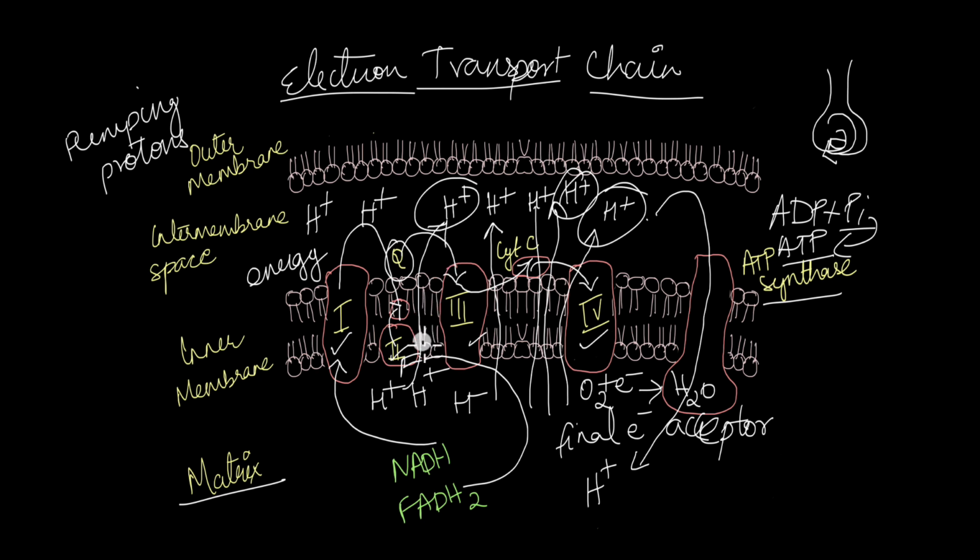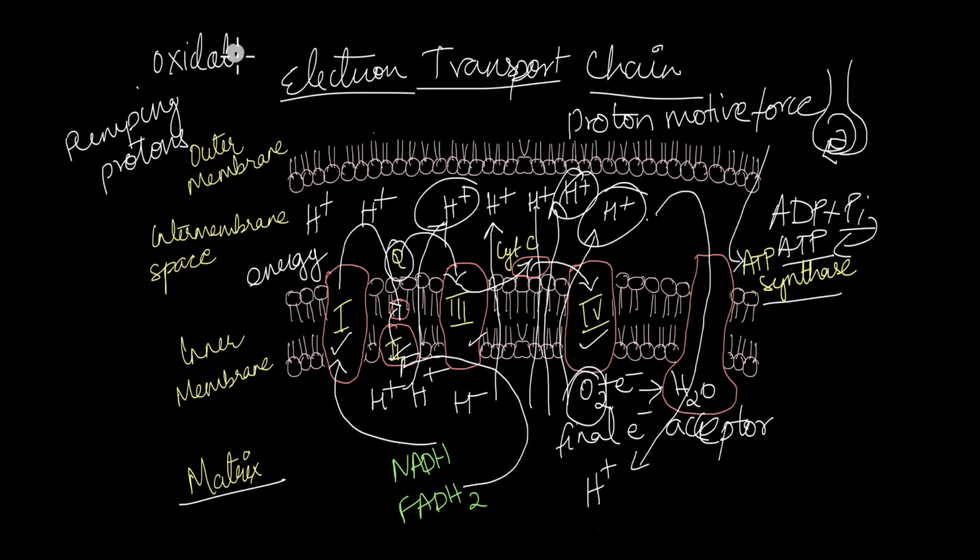So this is the reason why this entire electron transport chain takes place, so that by transporting electrons through the different complexes, we can correspondingly pump protons into the intermembrane space and then use this proton motive force to produce ATP. And because it couples the reaction between this proton motive force and the use of oxygen, this entire process by which ATP is produced is known as oxidative phosphorylation.